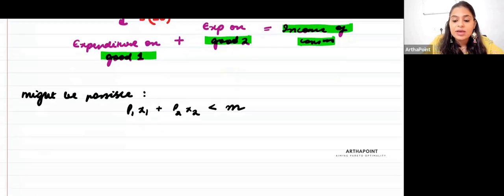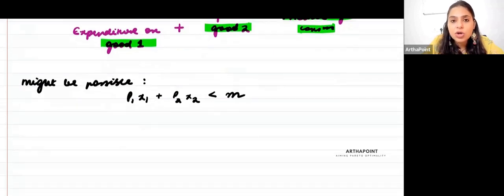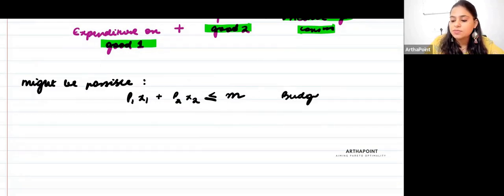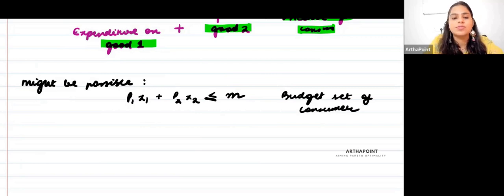Now, if I include the bundles which constitute less than the income along with the bundles which constitute exactly equal to income, that is called the budget set of the consumer.